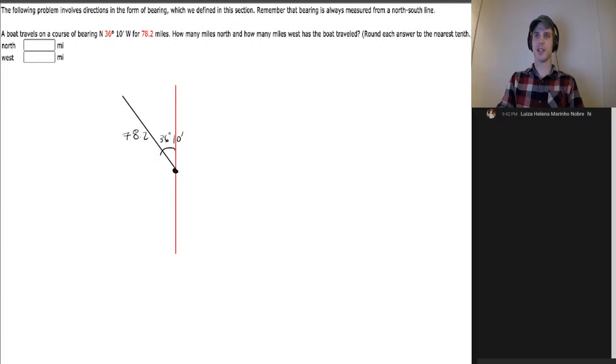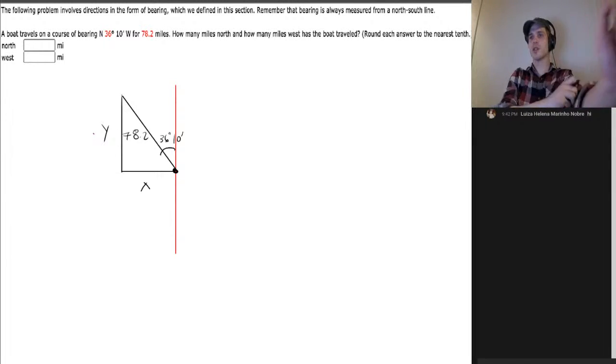So this is really asking us to decompose this thing into north and west, like it was moving in taxi cab coordinates, which is a real thing. So they want us to find x and y. Keep in mind the 78.2 is the length of the side, that's the hypotenuse.